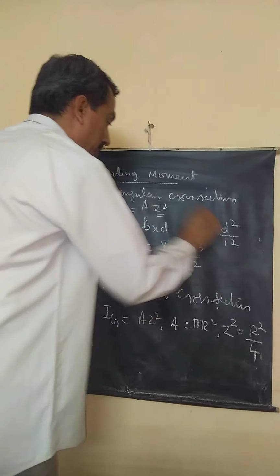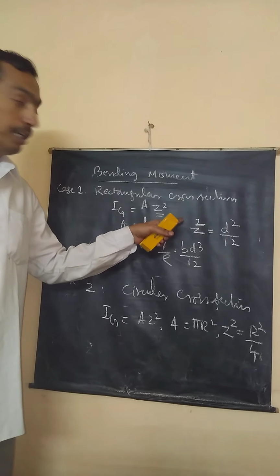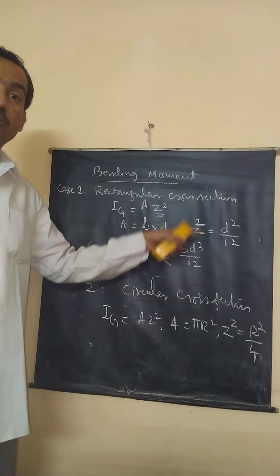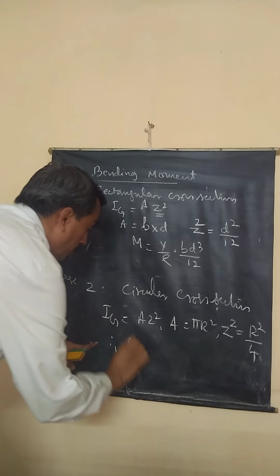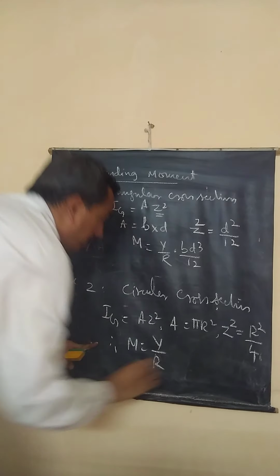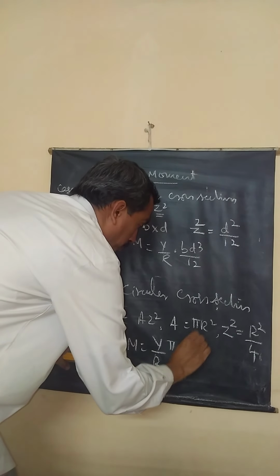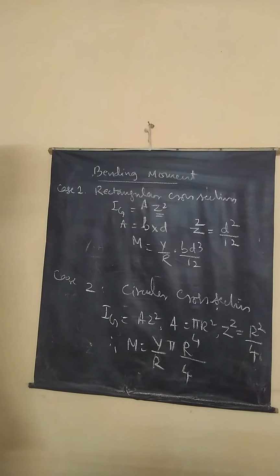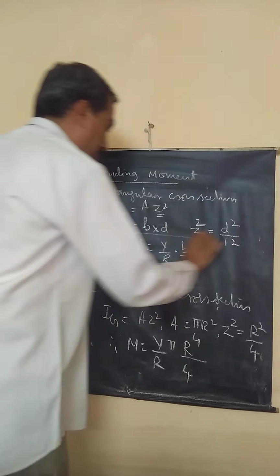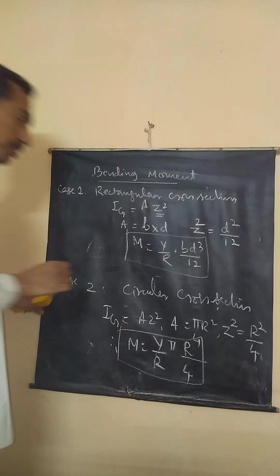Okay, this is Z square. Z has got dimension of length. It is called as radius of gyration. Now, therefore, bending moment is Y by R into pi r square into r square by 4. Correct? So, this is the expression for bending moment for rectangular cross section. This is for circular cross section.